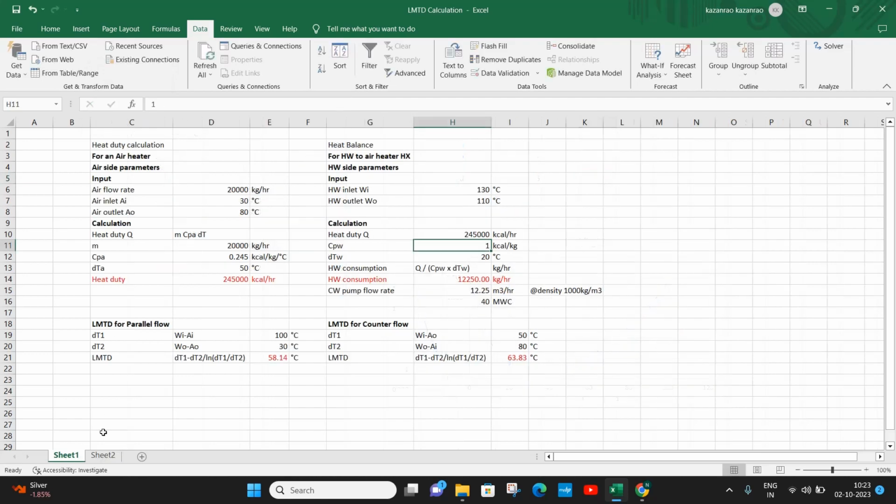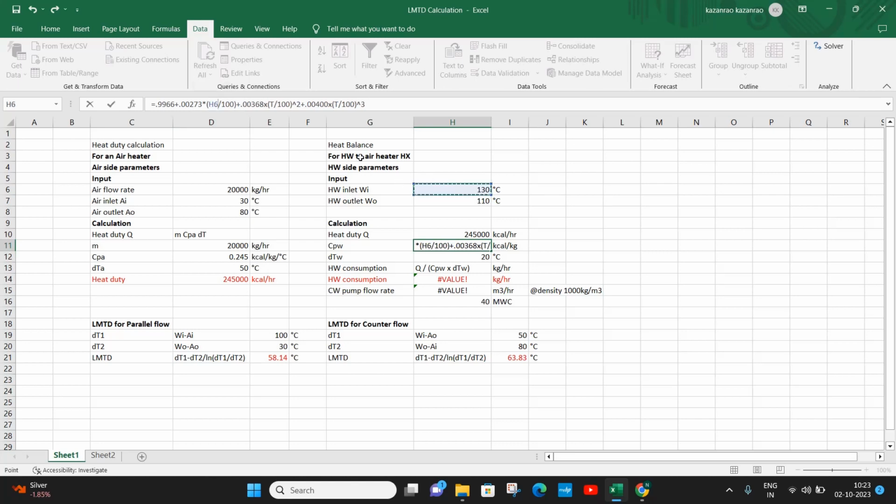Control X, let us put it here, Control V. The temperature is 130, and that's it, 1.015 is the specific heat.